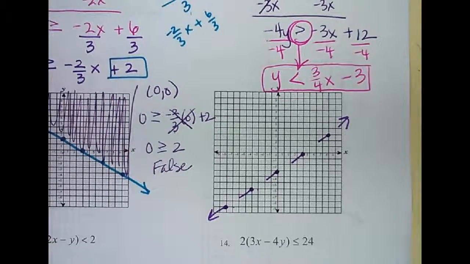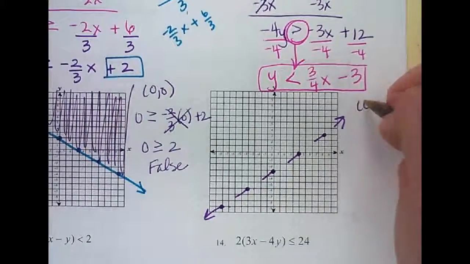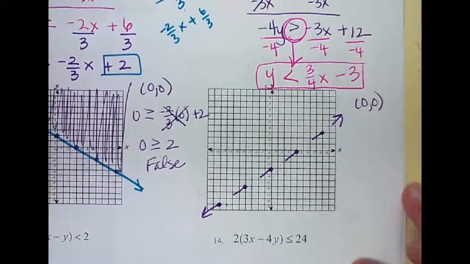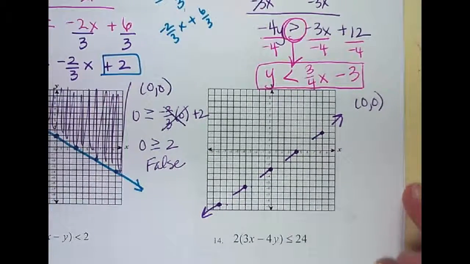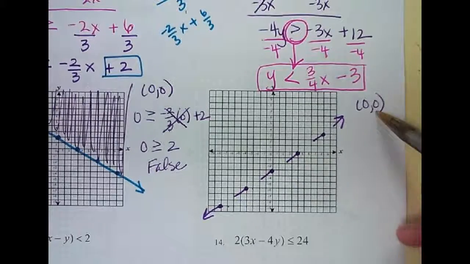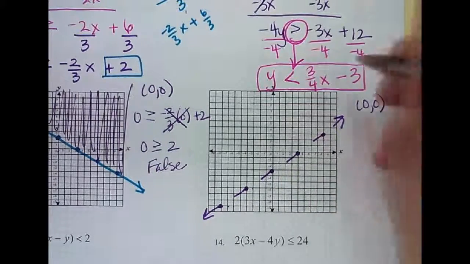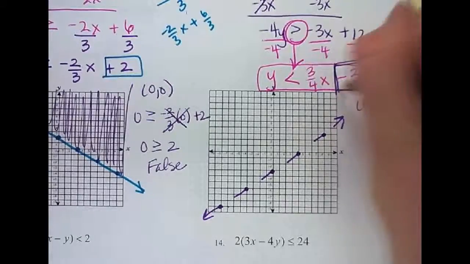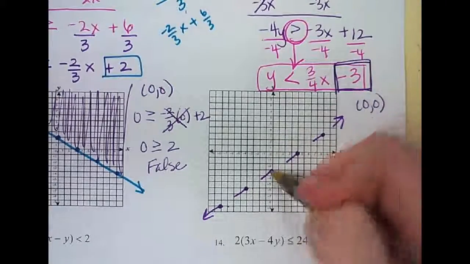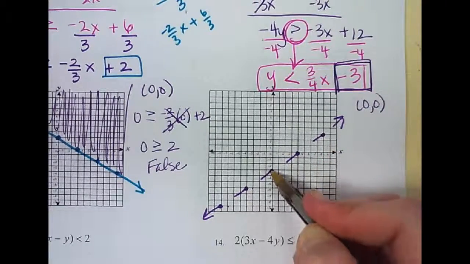And last thing, I need to check a point. So 0, 0. So you always take this number right here, so negative 3 on the y-axis, and I graph that point, and that's where I start.